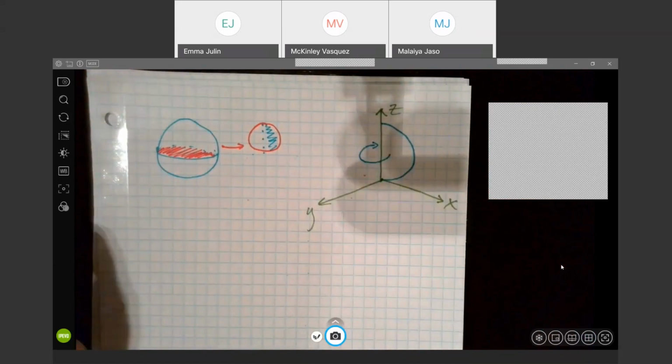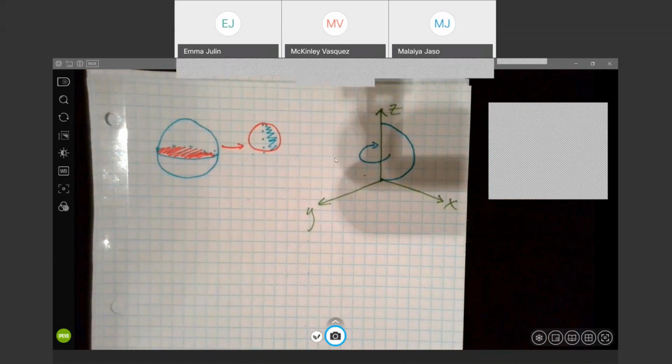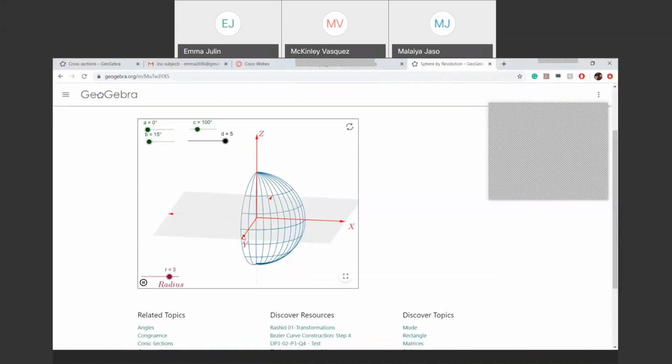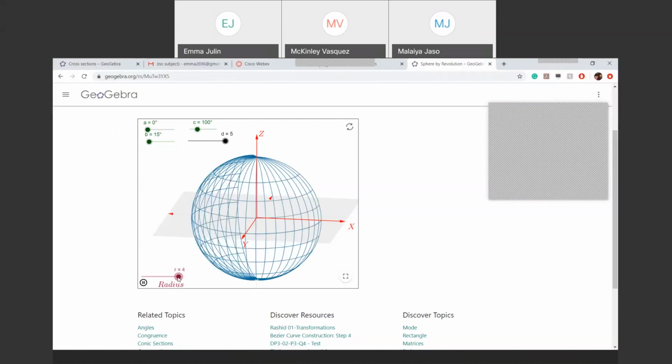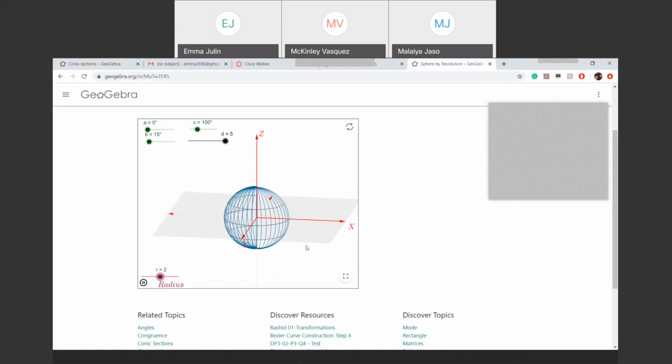We'll see that one more time in the animation. So starting here, watch how it loops back. It started on that x-axis, and as soon as it crosses that x-axis, it's back to being full cross-section.